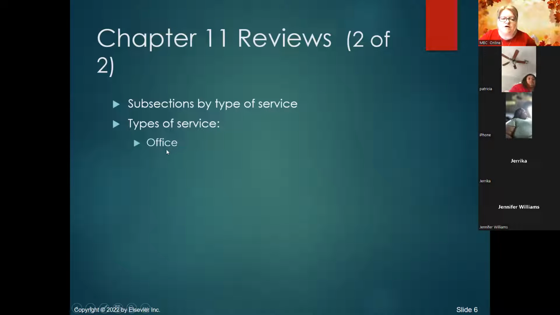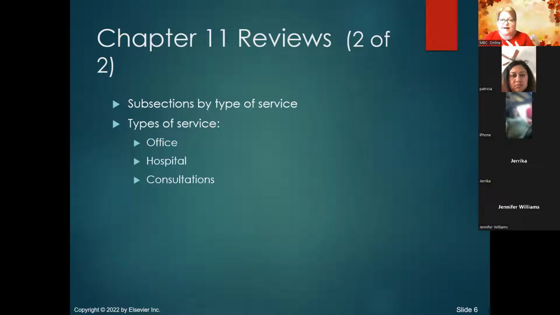Types of service: office, hospital, and consultations. All right. Like I said, anything that takes place in the doctor's office, a clinic, is going to be your outpatient services, office visits, psychiatric therapy, anything like that, counseling is going to go under that category.